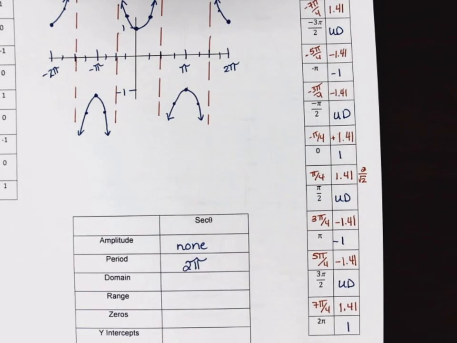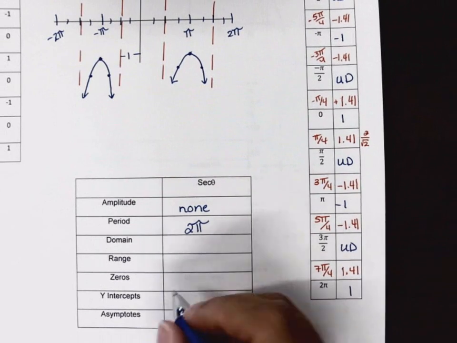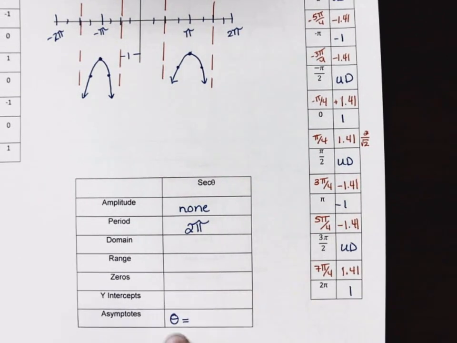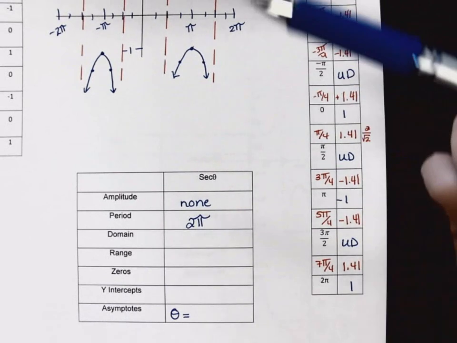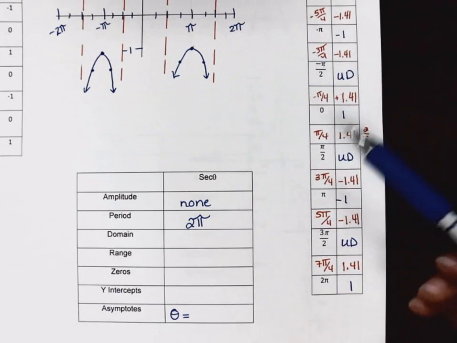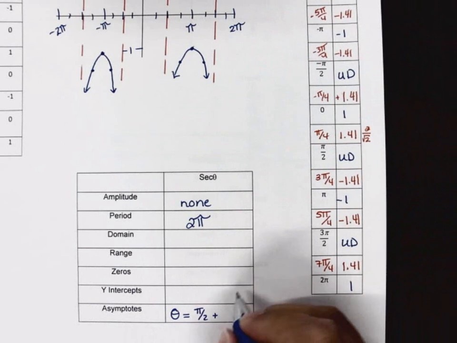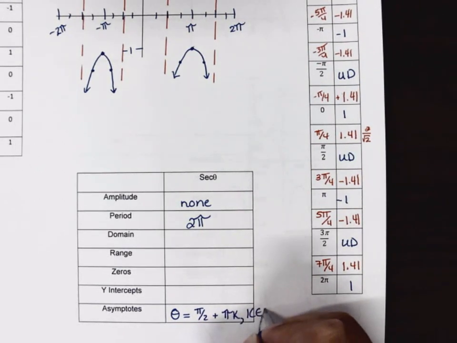The domain, again, I'm going to do my equation of the asymptotes first before I do my domain. So theta is going to equal, because it's the equation of the asymptote, so it has the equal sign. My very first positive asymptote occurs at π/2. So π/2 plus, asymptotes happen every π, so πk.